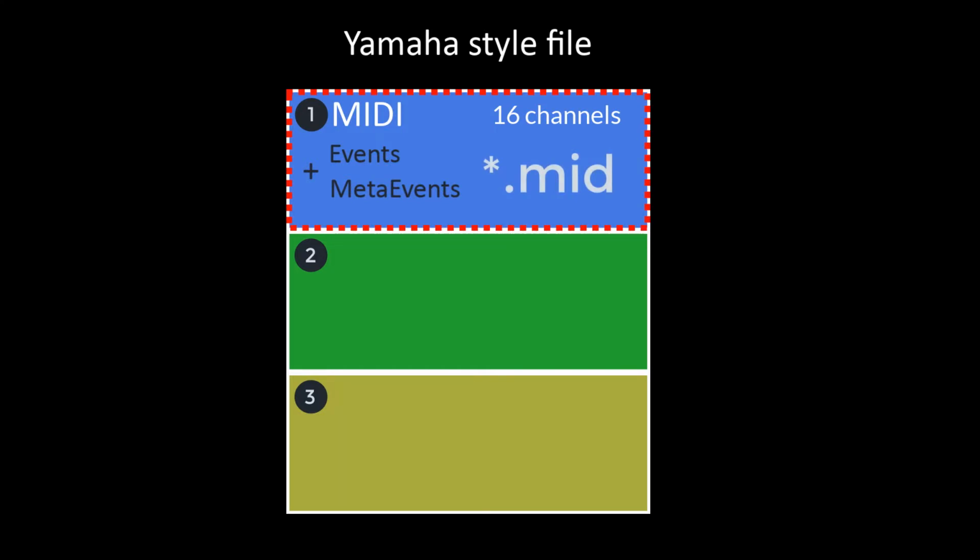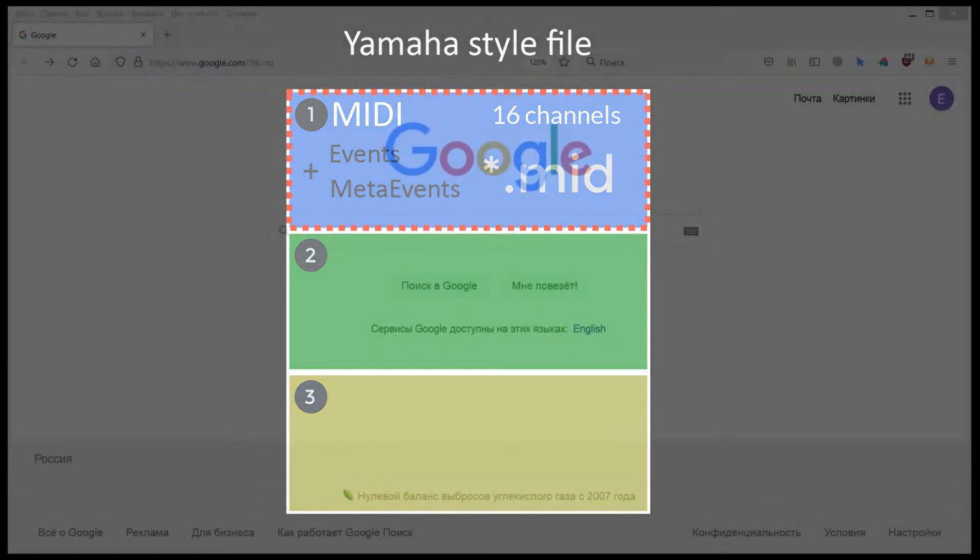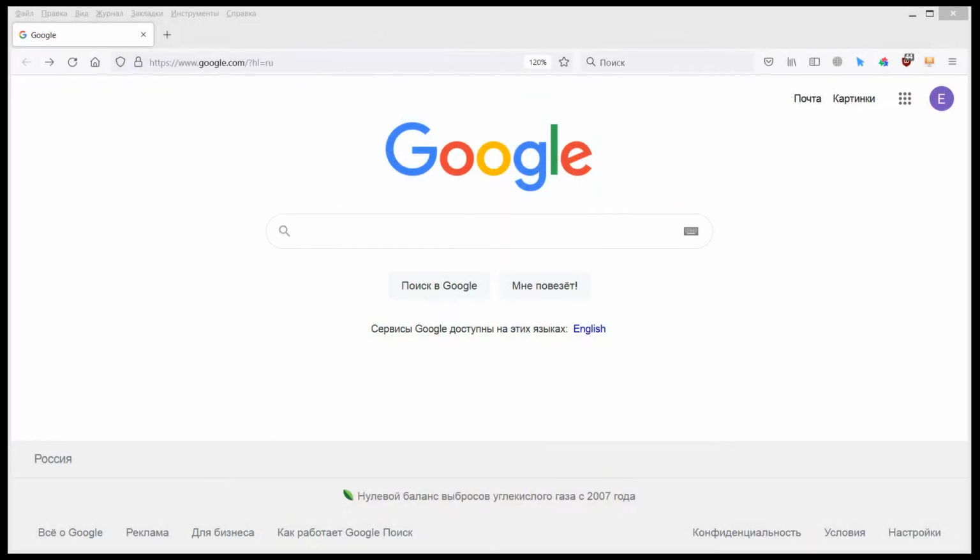If you see a file with the MID extension, this is exactly the kind of MIDI file that is at the beginning of the style file. Generally, Yamaha synthesizers can even treat a separate MID file as a style file, but only if it's prepared in a certain way. We'll talk about that later. For now, you should know that MID files are the most common way to exchange synthesizer music.